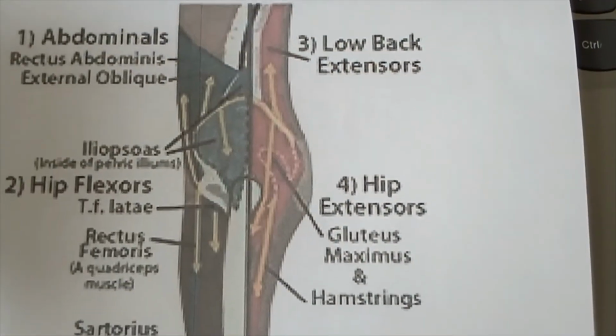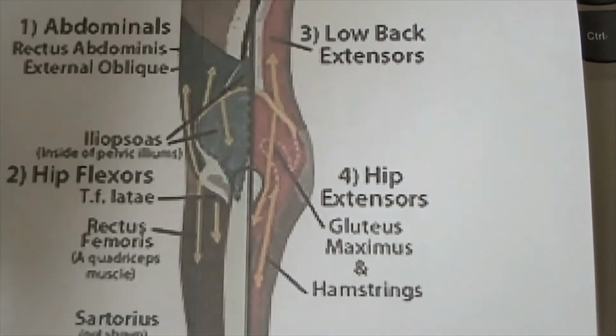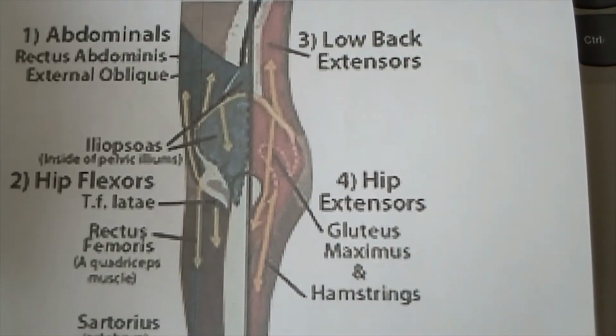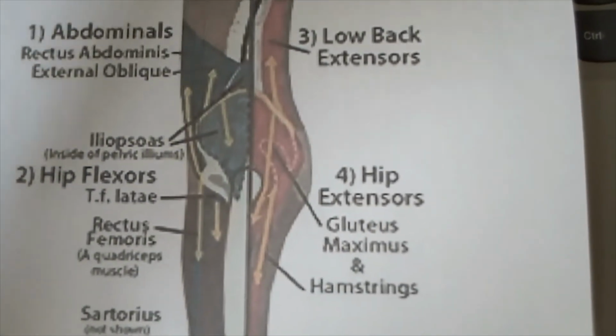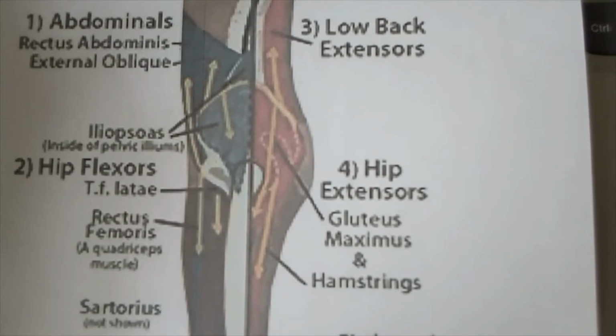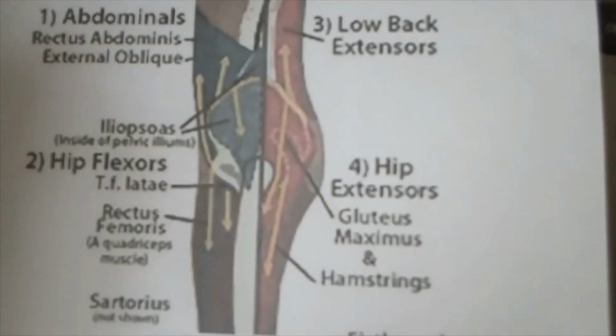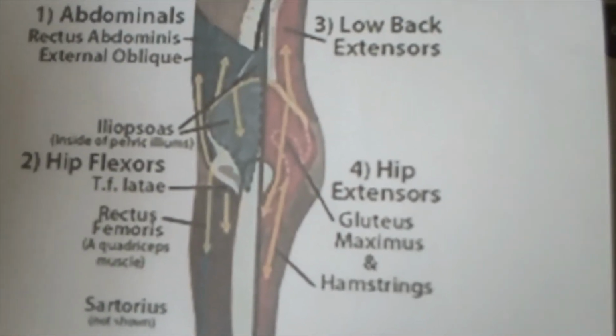And the longer it stays like this, the more these back extensors will contract, tighten and shorten, meaning that you're then going to get back pain and all sorts of overcompensation of other muscles, etc.